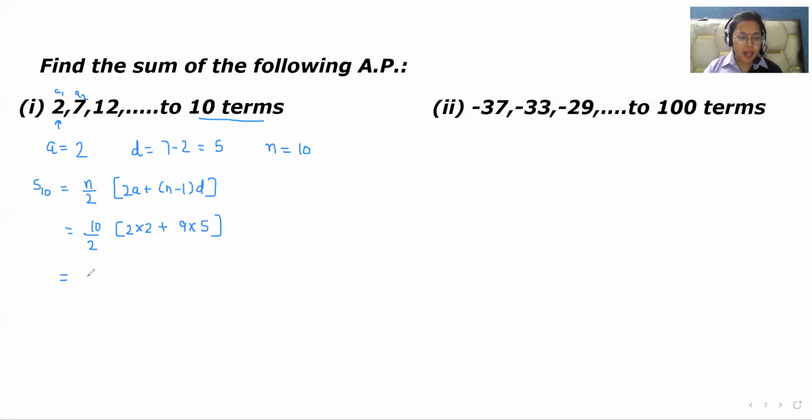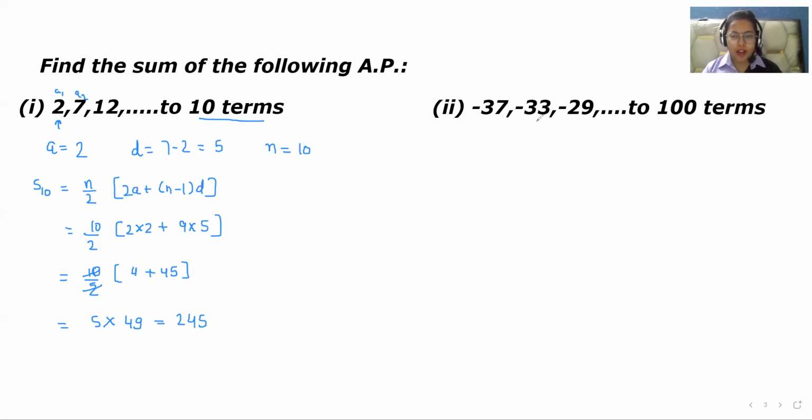First we solve the bracket as per the BODMAS rule: 4 plus 45. Eliminate 2 from 10, it is 5 times (45 plus 4), which is 49. 49 times 5 is 245. That's how you can apply this formula.